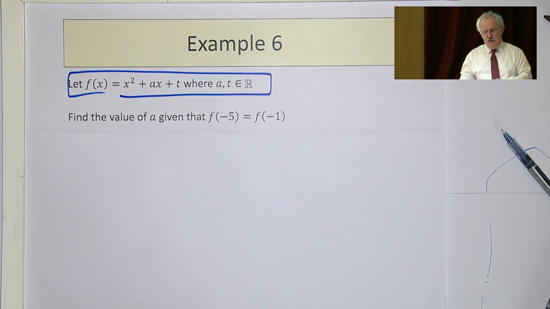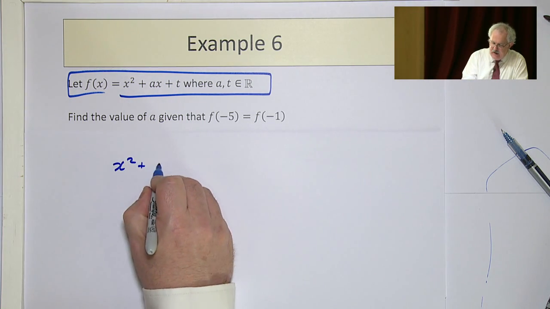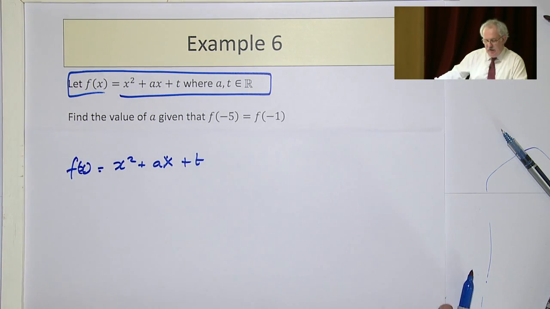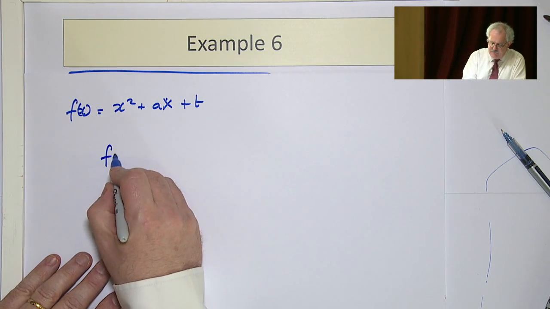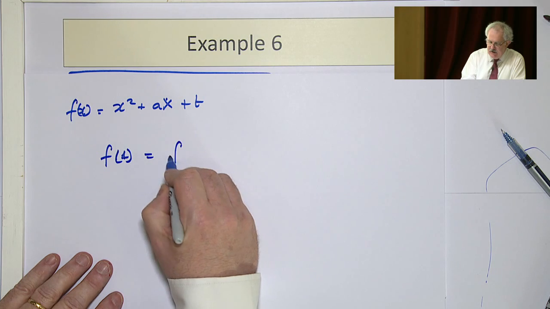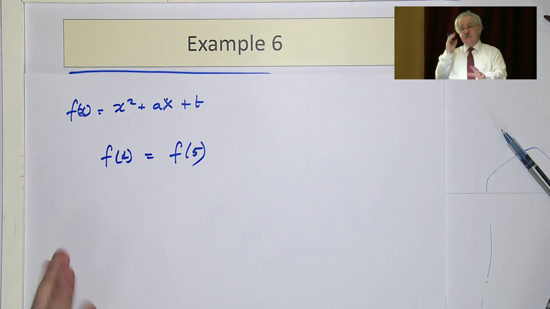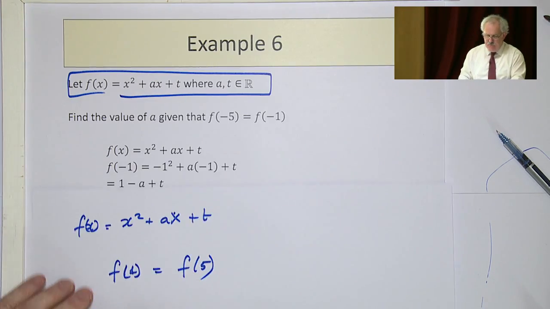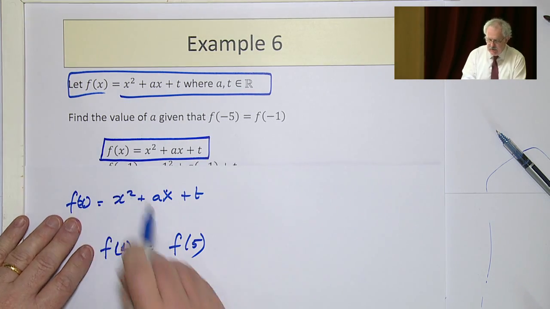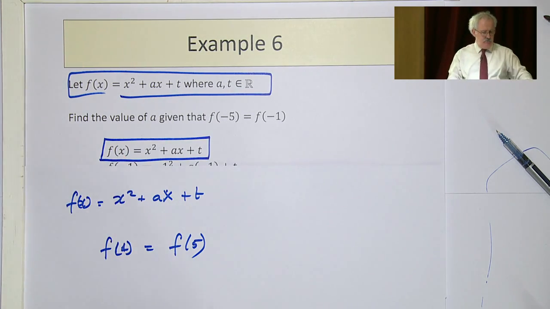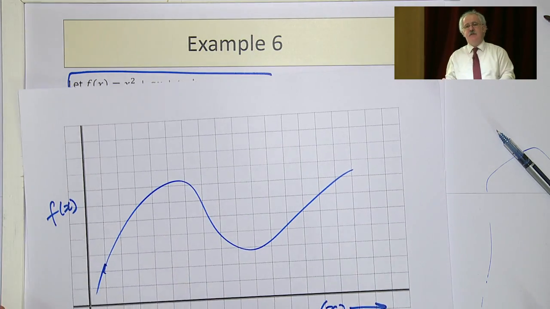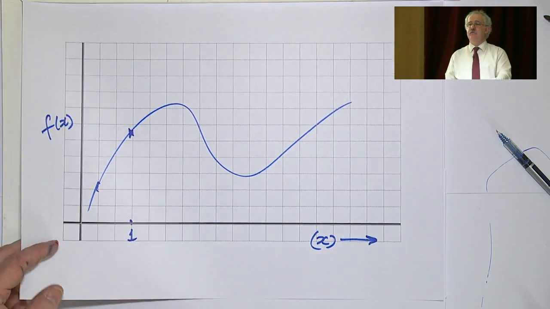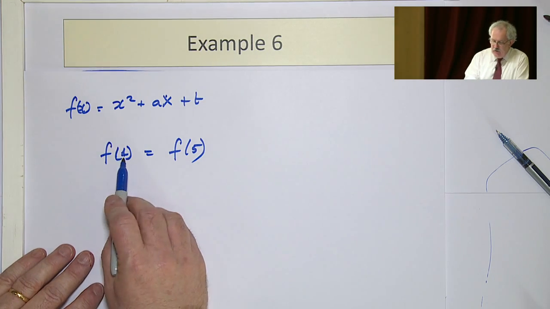Okay, so it's a sort of a clue, and they're saying x squared plus ax plus t is your basic function. And the clue that they're giving you is that f of 1 is equal to f of 5. Solve it. Well, we know how to work f of 1, because if f of x is this, how do you get f of 1? You go to the equation and look at the value at point 1.